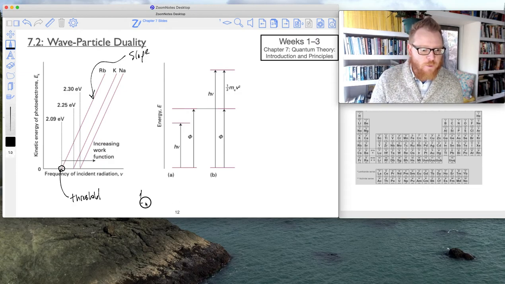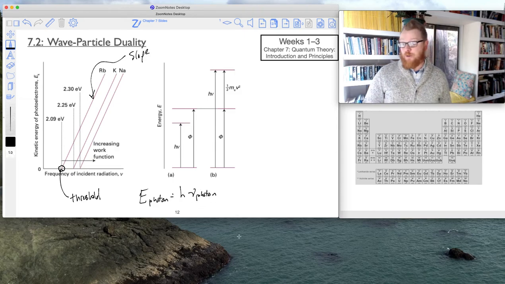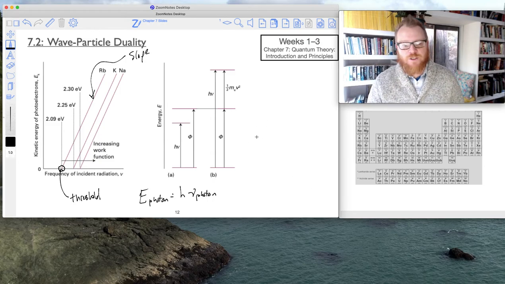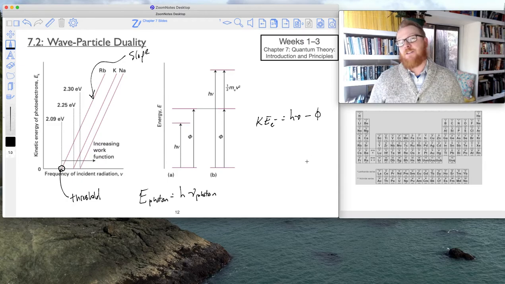Maybe you can guess what it is already. I'll write that E photon equals Planck's constant h times frequency of the photon. Okay. And of course, I'll remind you that the photoelectric effect is kinetic energy of the electron equals h nu minus phi. Okay.